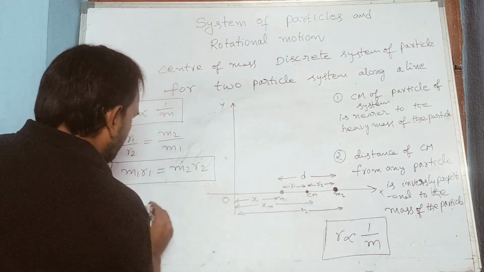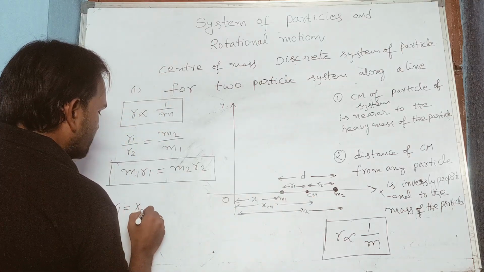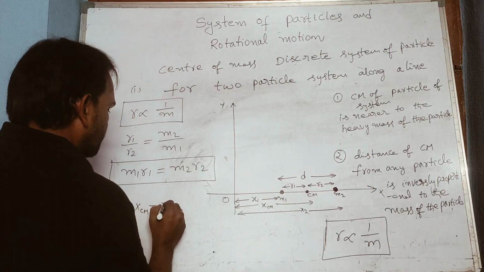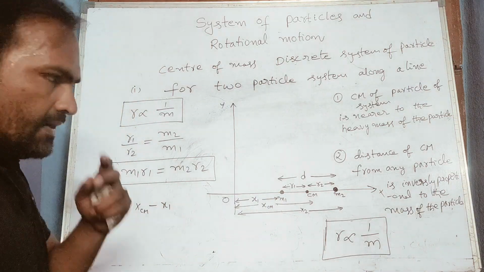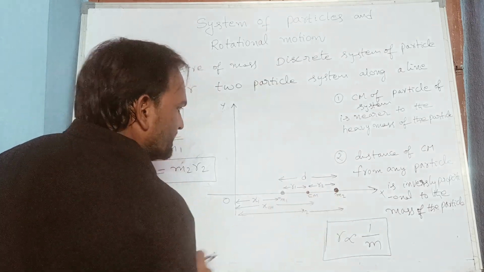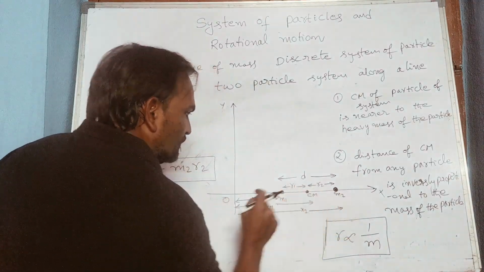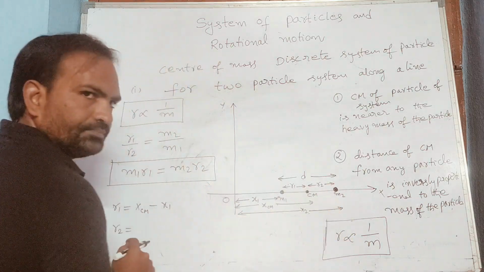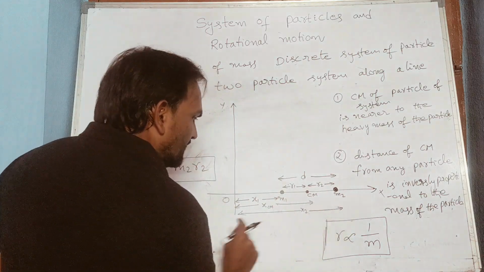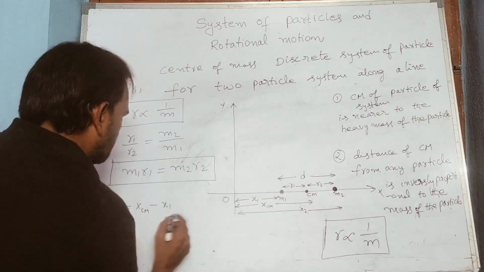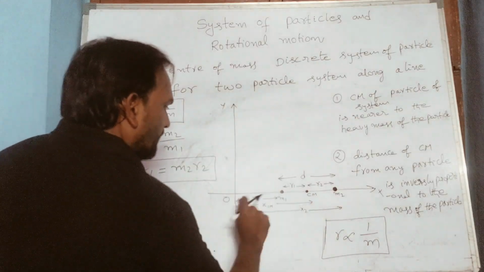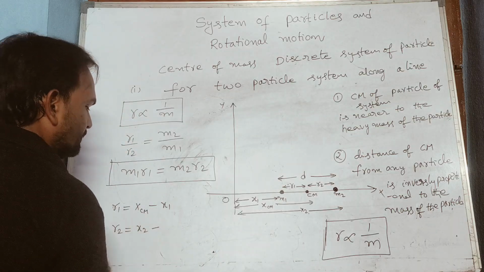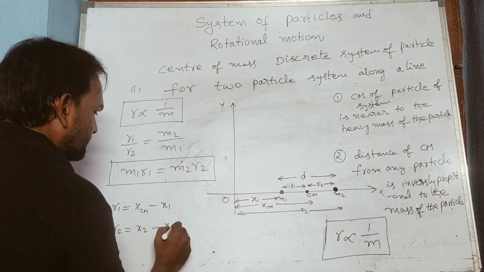The distance of center of mass xm minus the distance of the particle x1, so r1 is equal to xm minus x1. Next, how can you find r2? The distance of the second particle x2 minus the distance of center of mass, so r2 is x2 minus x.